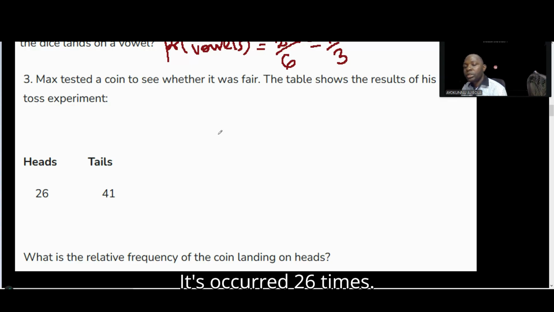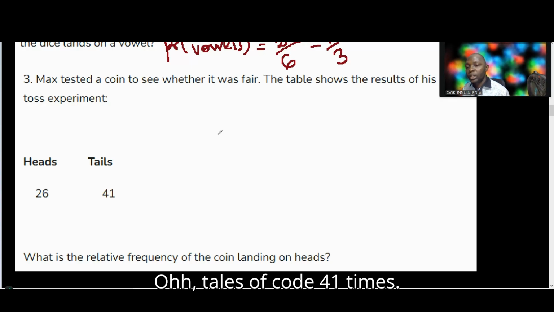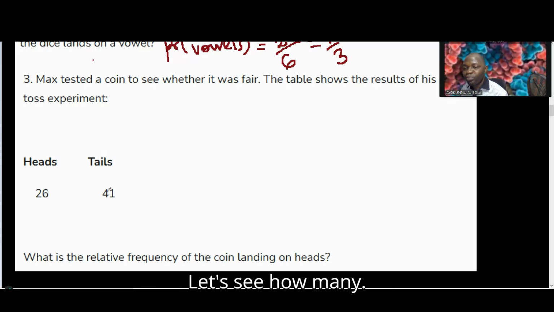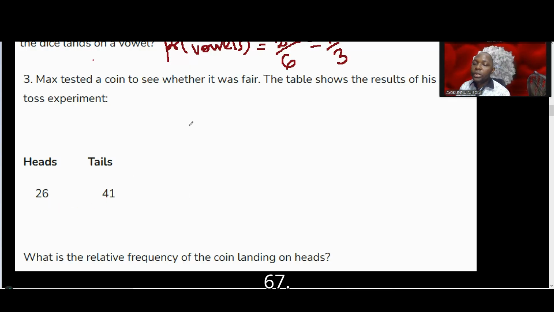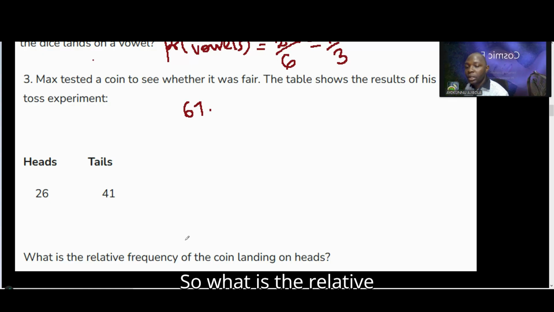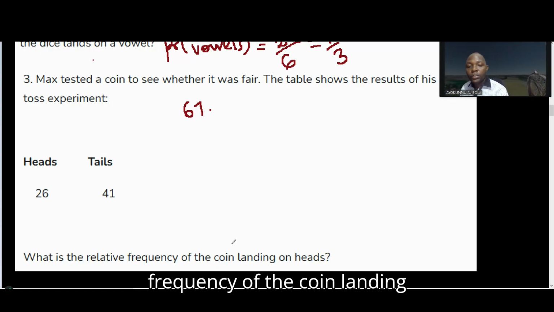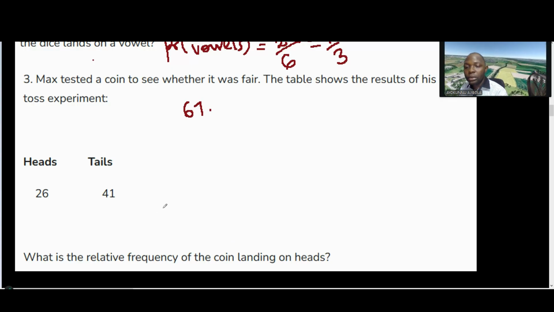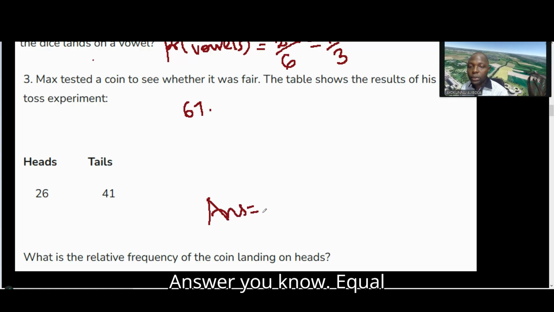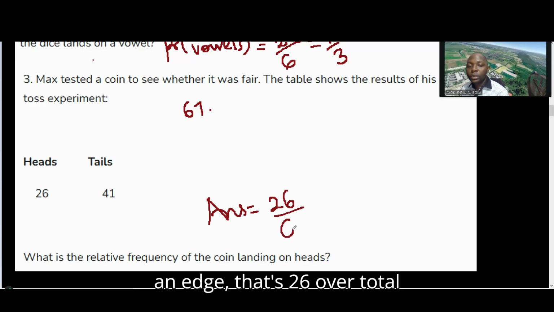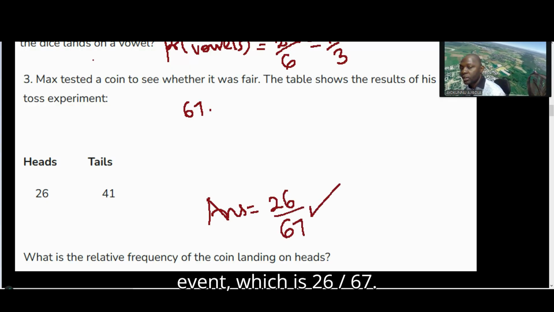Heads occurred 26 times, tails occurred 41 times, and the total occurrence is, let's say, how many? 67. So, what is the relative frequency of the coin landing on heads? That'll be the answer equal to number of times landed on heads, that's 26, over total events, which is 26 over 67.